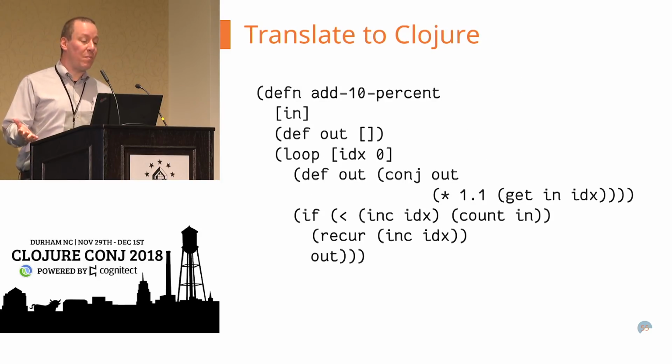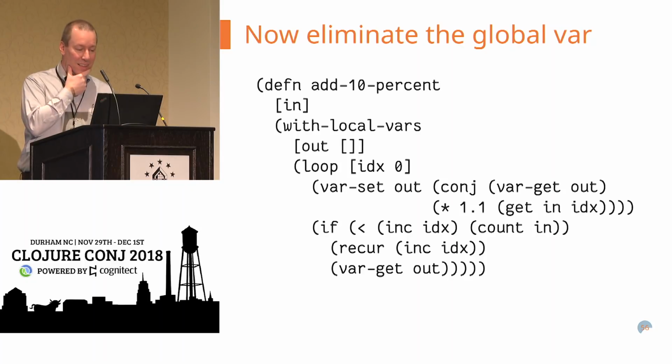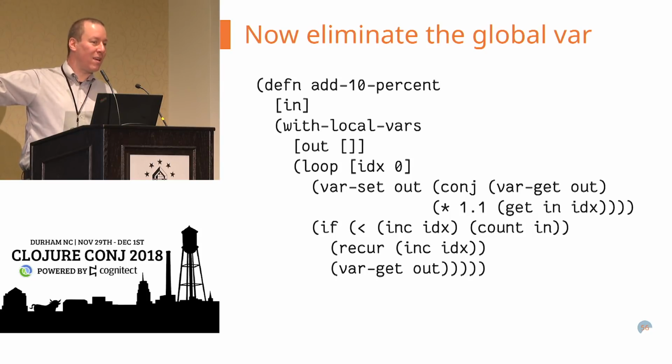And then you end up with something like this. And you go, oh, don't use that def thing inside of a function because that's not really where you want to go. So, all right, Google. Okay, with local vars, that must be the way to do things. Now there's like 4 or 5 closing parens on here.